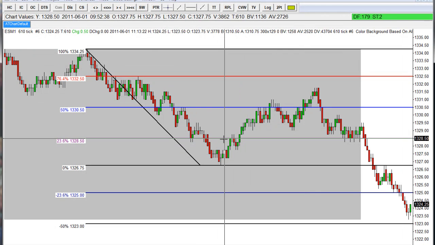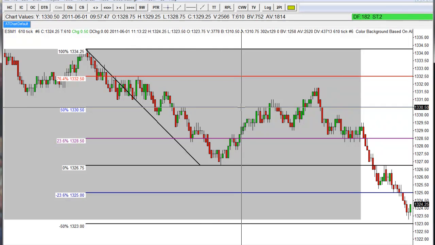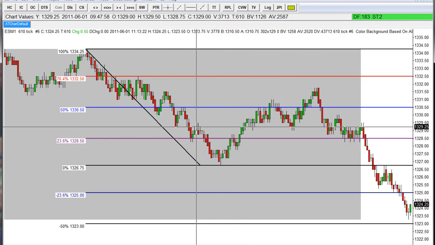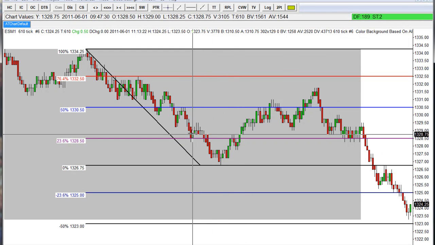Now I only took the first entry, and since price was extending too much, I just stopped for the day. Took my 5 ticks profit, and since that was all the market was willing to give me, that's what I took. But as you can see, there were other entries.